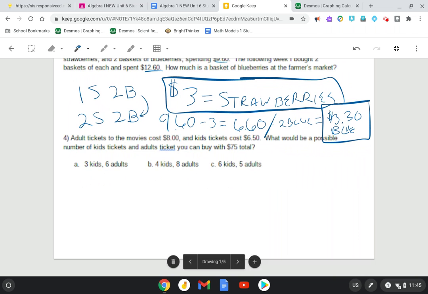Next one, adult tickets to the movies cost $8 and the kid tickets cost $6.50. What would be a possible number of kids tickets and adult tickets you could buy with $75 total? All you got to do here is multiply the prices times the number here. 3 kids times $6.50, 6 adults times 8. Add them up. 6 times 8, that's 48. 3 times 6.5 is 19.5.